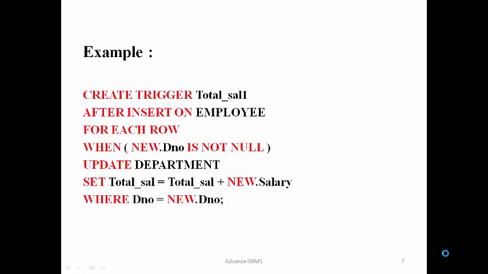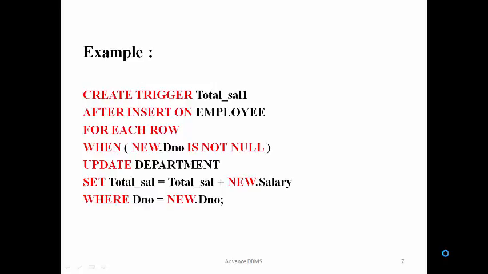So this is one small example. CREATE TRIGGER total_sal1, where total_sal1 is the user-defined trigger name. We can execute this trigger after insertion on the table employee for each row.